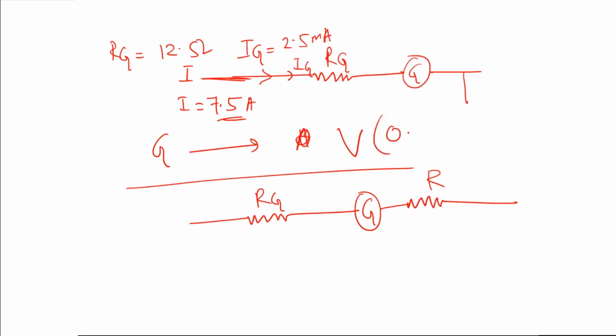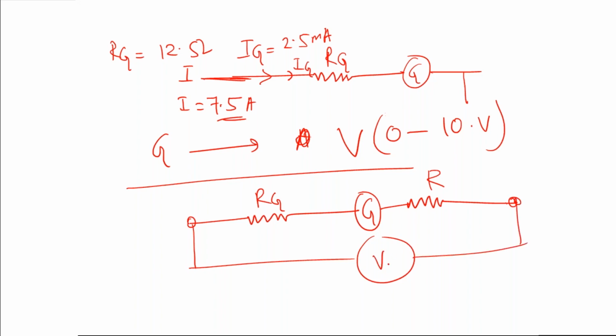The voltmeter has a range of 0 to 10 volt, so the voltage across this whole combination will be 10 volt.